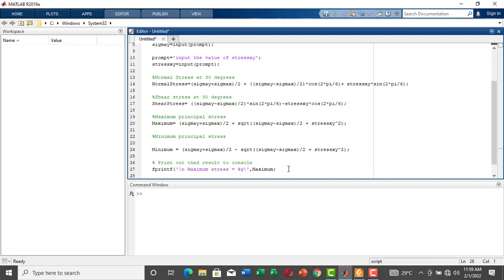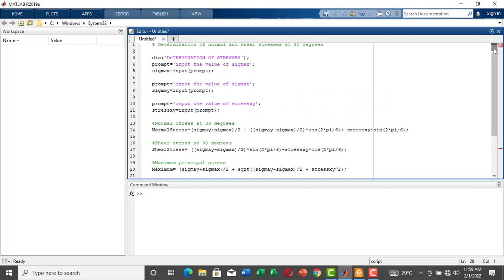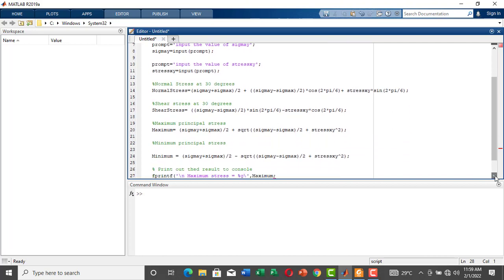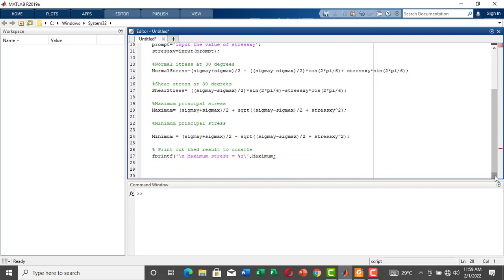No, that's not the semicolon I want. Okay. So I also want to print. No, I think the first thing I should even print here is normal stress, so that I know my answer can just be in a normal arrangement. The name I have here, let it be the same name I want to print it out. You understand? So let me call this normal stress. Okay, but I don't have a space here, so let me just say normal.